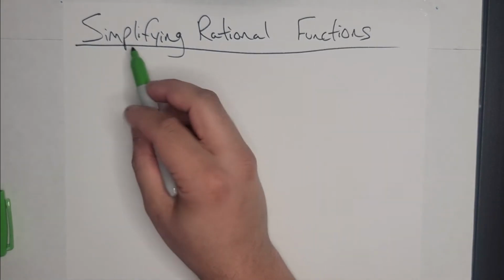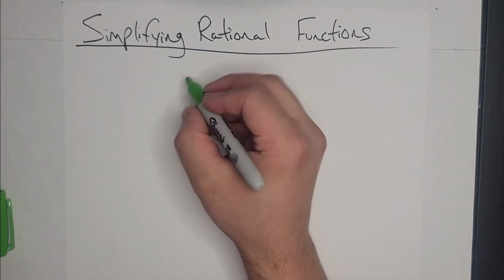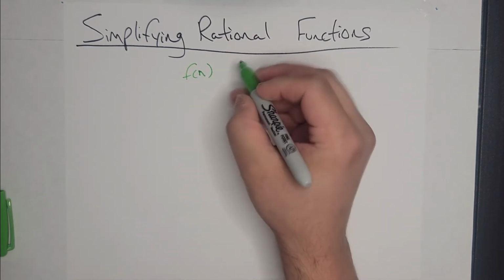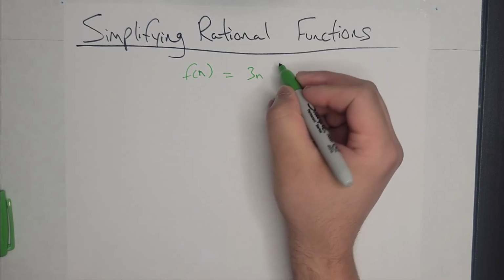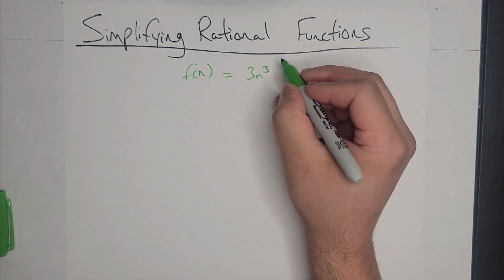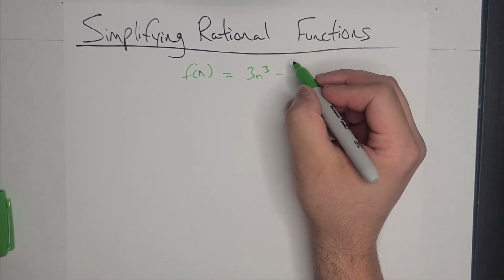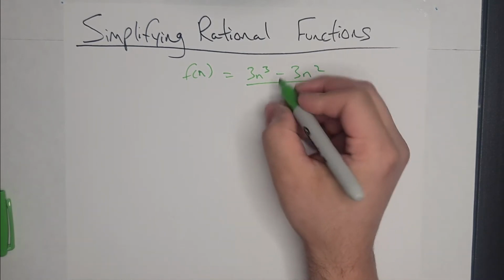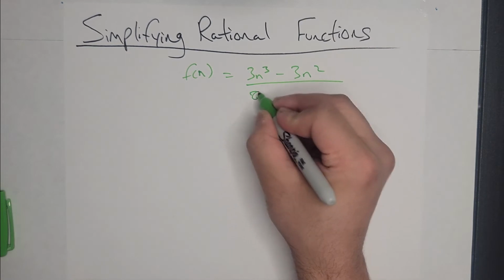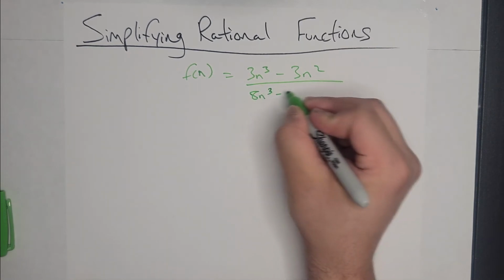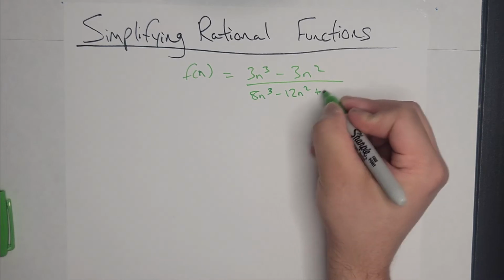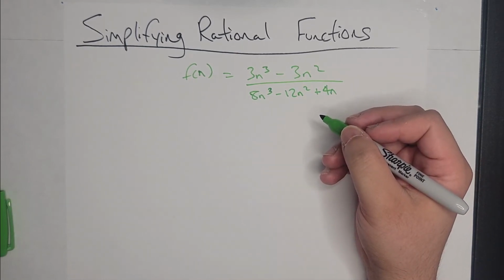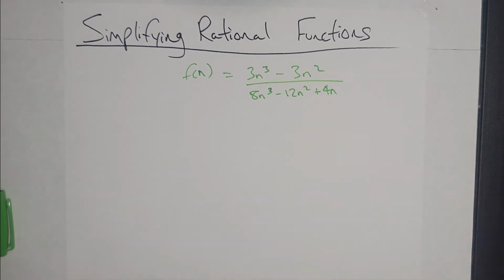Okay, so in this video we're going to be simplifying rational functions, so let's start with the function. And this function, we are going to simplify it, so let's see what we can do with this.